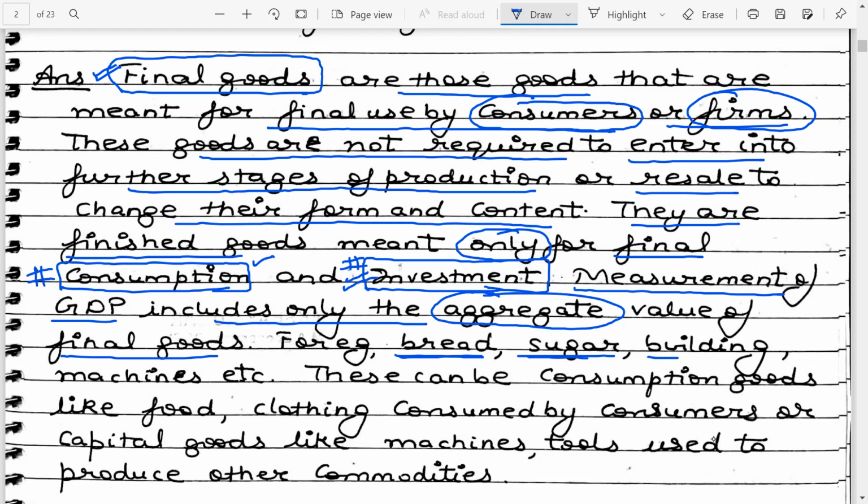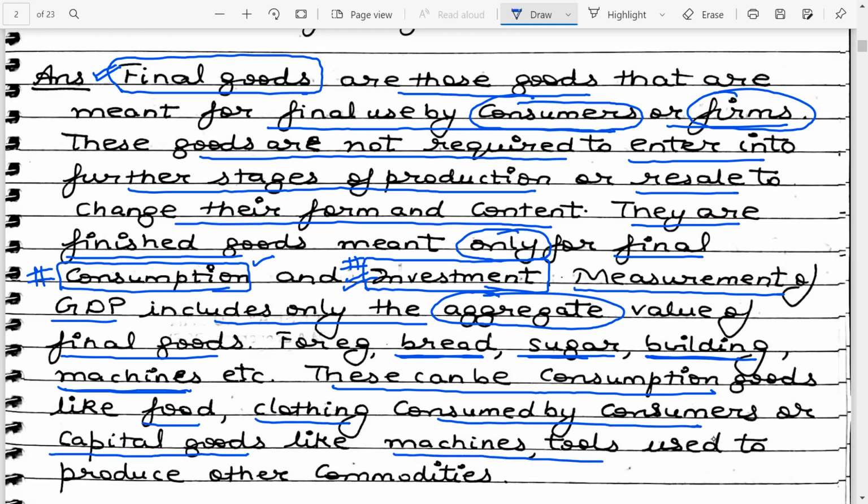On the other hand, buildings, machineries, these are capital or investment goods because buildings, machineries are further used to make other goods and services. So buildings, machineries, auto, all of these are capital goods. These can be consumption goods like food, clothing consumed by the consumer, or capital goods like machine tools used to produce other commodities.